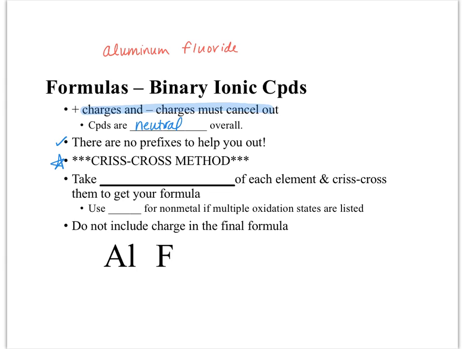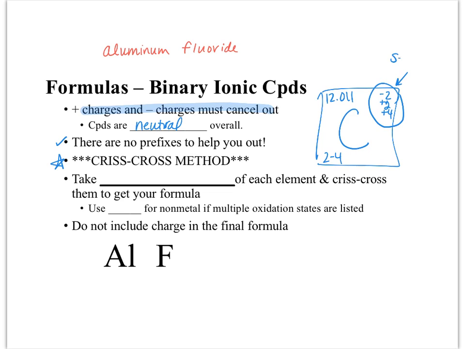So what you're going to do is you're going to look at your periodic table, and if you look at the key on the periodic table for carbon, for example, they give you numbers in the top right hand corner, and those are called selected oxidation states.